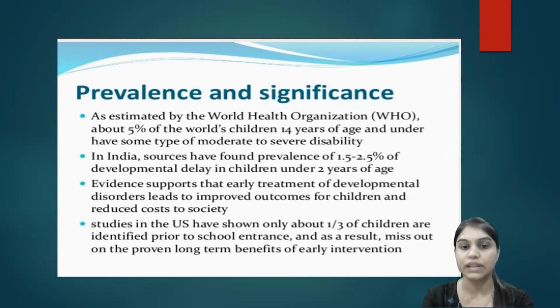Evidence supports that early treatment of developmental disorders leads to improved outcomes for children and reduced costs to society. Studies in the US have shown only about 1 in 3 children are identified prior to school entrance, and as a result miss out on the proven long-term benefits of early intervention.